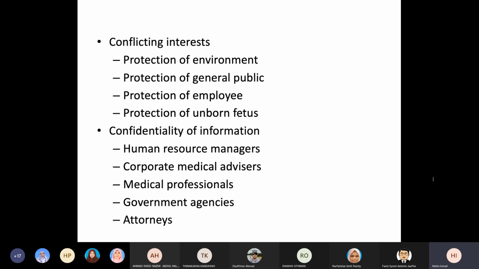And in terms of protection of the unborn fetus, there are certain jobs where certain exposure to hazards can affect the unborn fetus, right? Say, for example, lead.